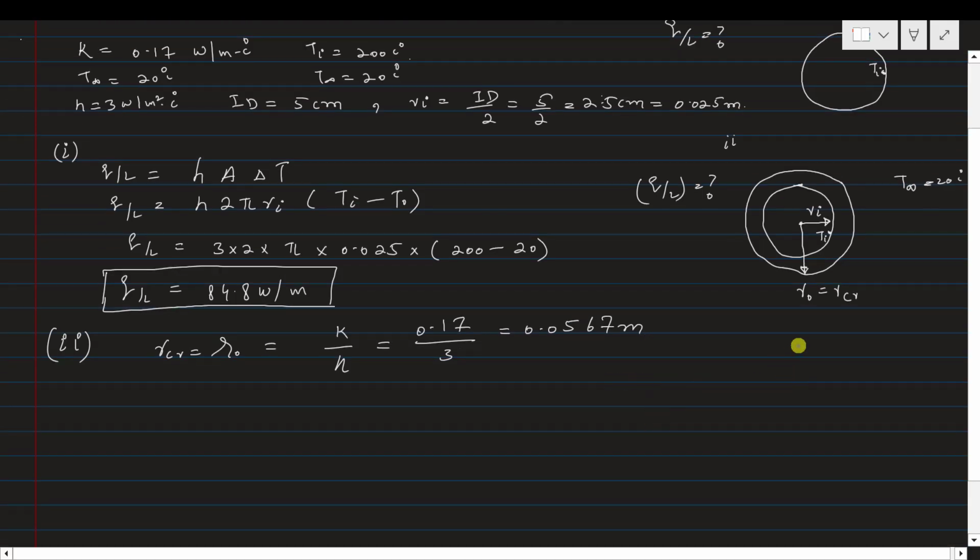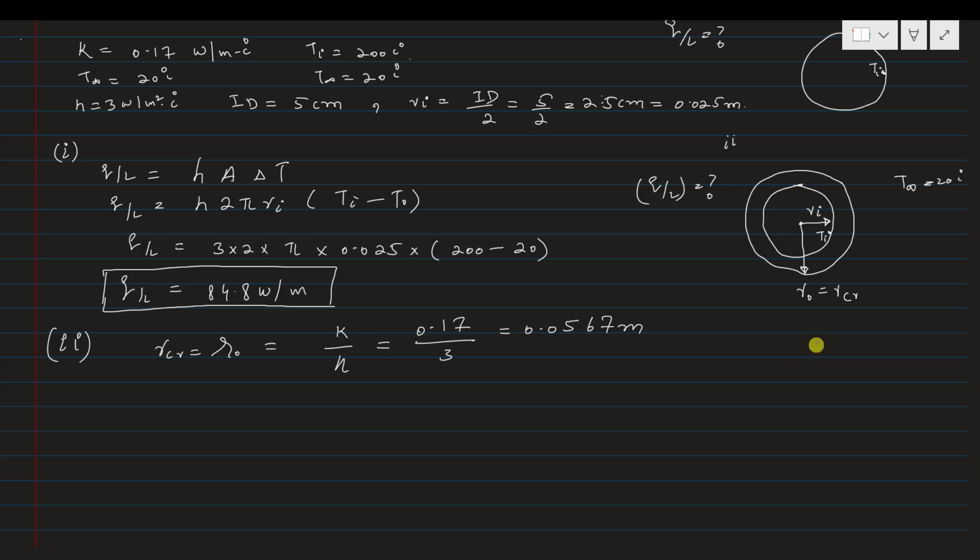Now if I draw the resistance network diagram for this heat transfer, the first heat transfer occurs within the wall of the pipe, so it is a conduction resistance offered to the heat transfer. Next is the convection resistance exposed to the environment, and then finally the temperature of the environment, T infinity, at this point.